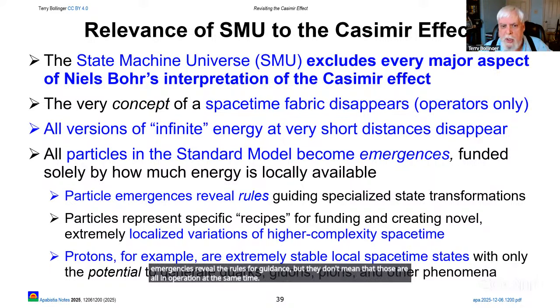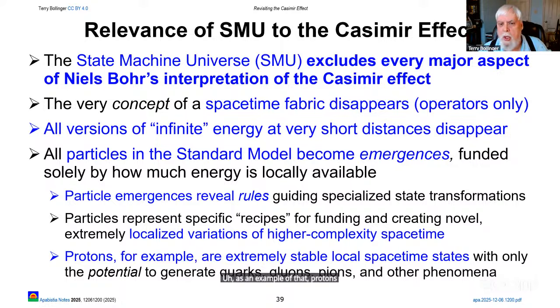As an example, protons would be extremely stable local space-time states. They don't have energy beyond what they're funded with, and they only show things like quarks, gluons, pions when they interact with various levels of energy with phenomena that say, oh, okay, I can do that now. I can spit that out.